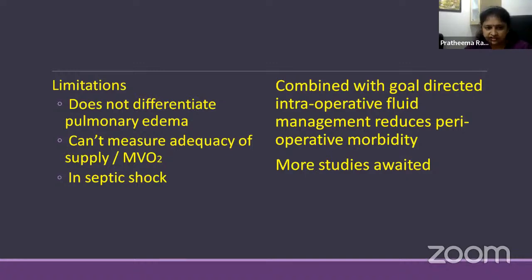The tolerance is not much. And if there is septic shock, it is going to hurt the patient again. We don't know. There can be non-cardiogenic pulmonary edema also. ARDS patients, it's quite tricky. And if it is combined with goal-directed intraoperative fluid management, it reduces the perioperative mortality. But more studies are still needed.